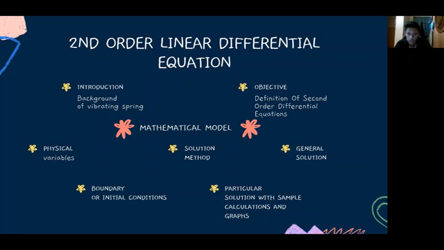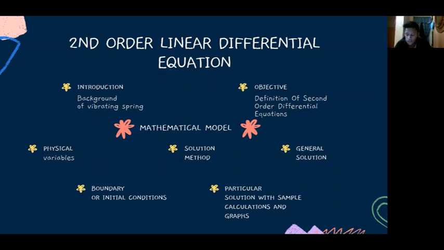For the solution method, this is a second order linear differential equation. Its auxiliary equation is mr squared plus k equal to 0 with roots r equal to plus or minus wi, where w equals the square root of k over m.